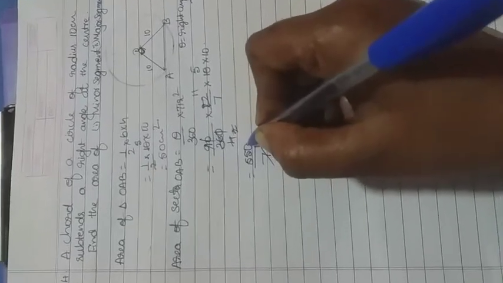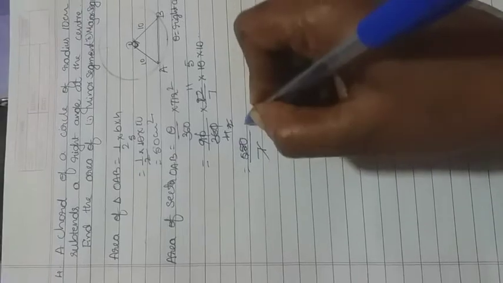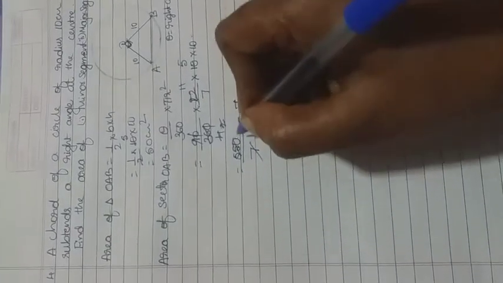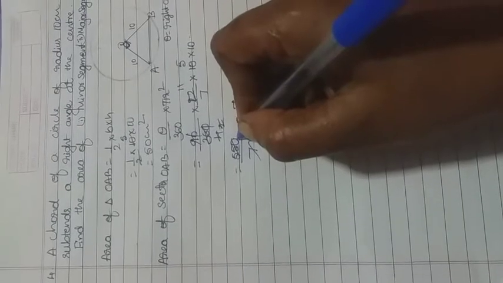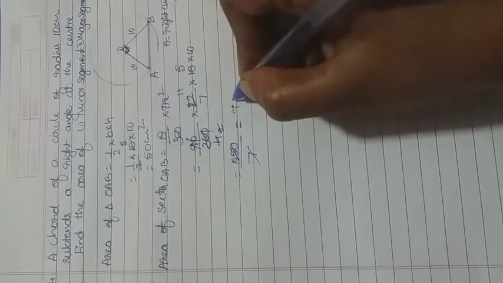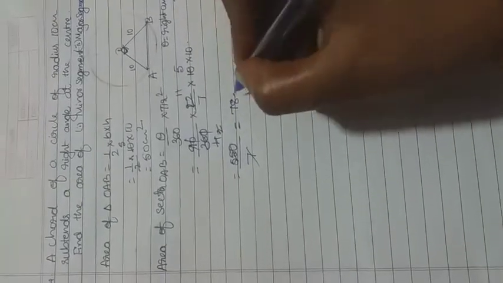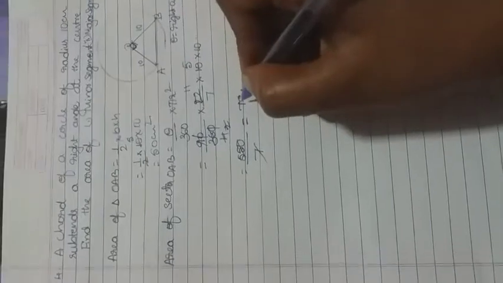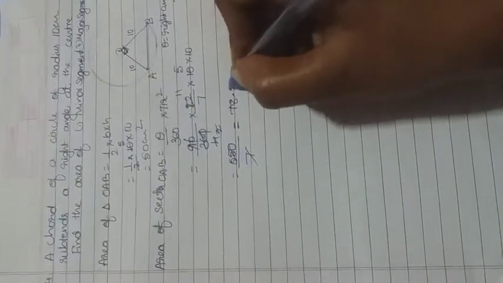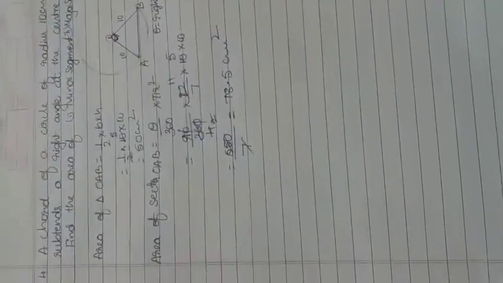So for the area of the sector, 7 7s are 49, remainder 6, 60, again 7 8s are 56, remainder 4, point, 40, 7 5s are 35. Almost 78.5 centimeter square.